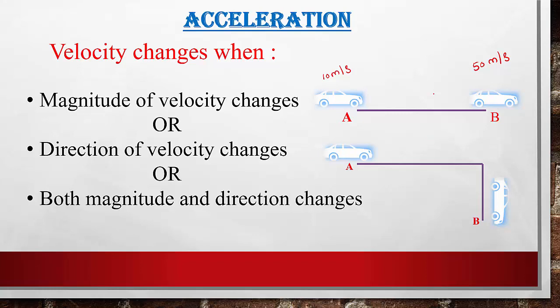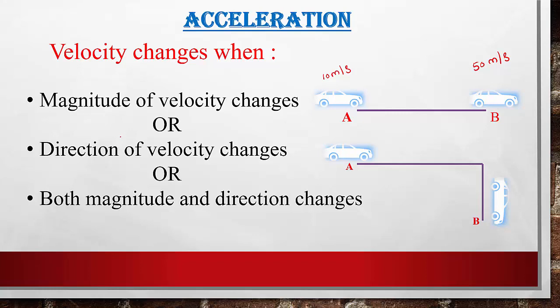Initial velocity is 10 meter per second, but at point B its velocity is 50 meter per second. That indicates its numerical value is changing. Numerical value is itself magnitude. The magnitude of velocity is changing. When its magnitude changes, we can say the car is accelerating. We should use the word that the car is accelerating, which means its velocity is changing or increasing.